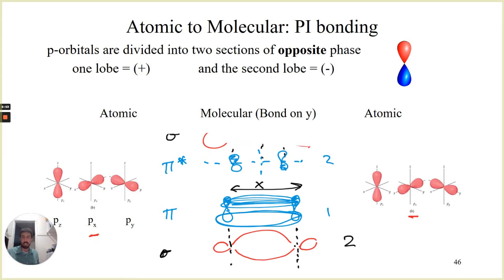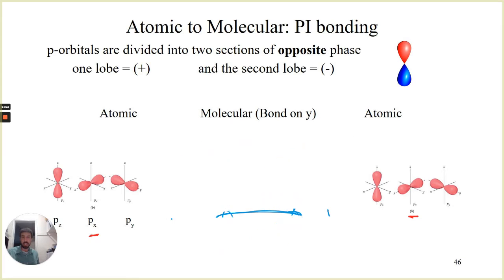So if we were to look at a molecular orbital diagram for this, we would have a sigma bonding, 2 pi bonding, 2 pi antibonding, and 1 sigma antibonding.